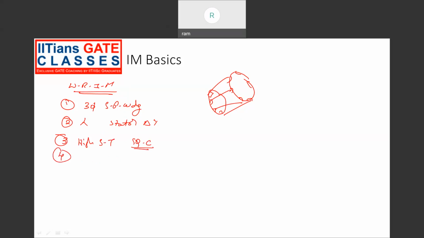Here the rotor surface is not so smooth, so it requires more amount of magnetizing current. So the no load current, or you can say the magnetizing current, of the wound rotor machine is greater than that of the squirrel cage machine. Here, since we are using windings, there will be overhang portions, because of which the leakage flux will be high.